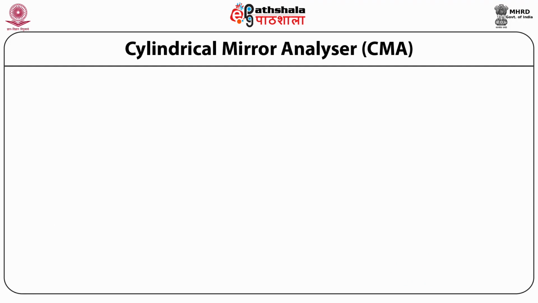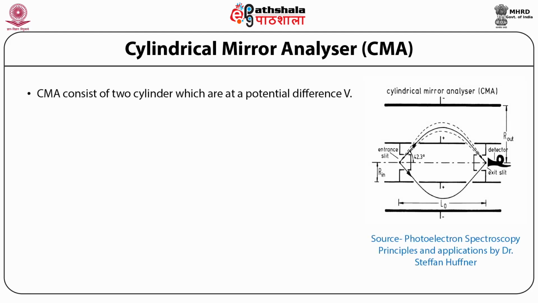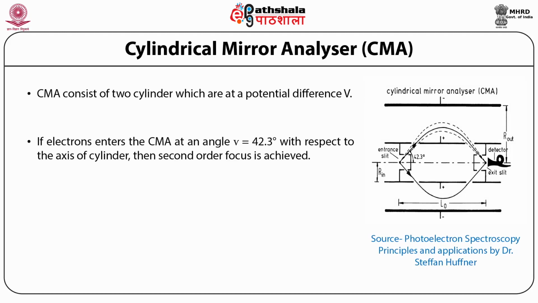Second is the cylindrical mirror analyzer, and we call it CMA. CMAs are advantageous over PMAs. They employ 2 theta geometry to overcome the low transmission of a PMA. A CMA consists of 2 cylinders, having a potential difference capital V between them. The entrance and exit slits are all contained on the inner cylinder.